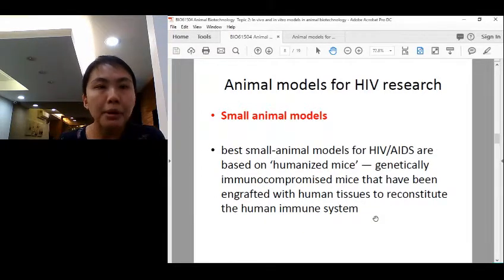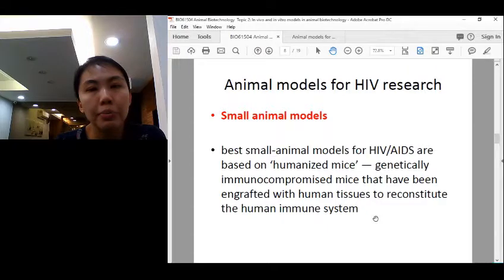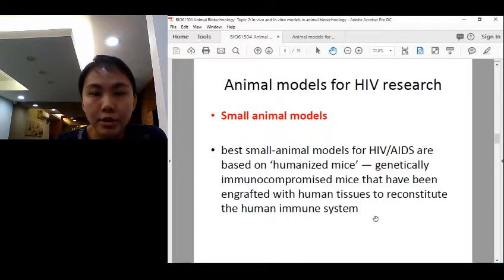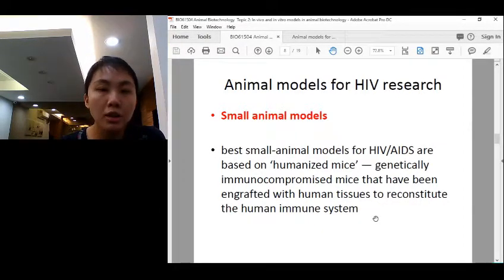So what are the animal models used for HIV research? The most common model would be the humanized mice. Remember in our previous lecture about the cancer mouse model, we also mentioned how we can generate humanized mice. It is basically to reconstitute the human immune system into an immunocompromised mouse.